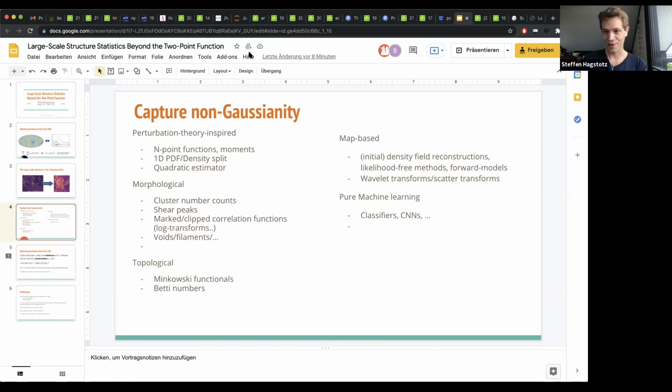Right. So you could imagine a map-based, pixel by pixel approach that works in a likelihood-free way, where you have a forward model. If that becomes arbitrarily close to your data, then you also basically got the whole information out.